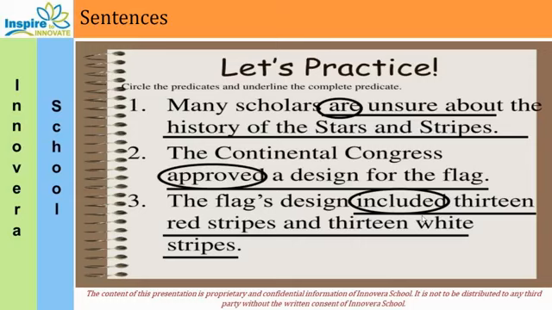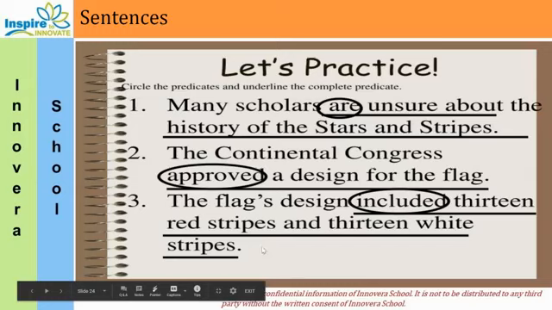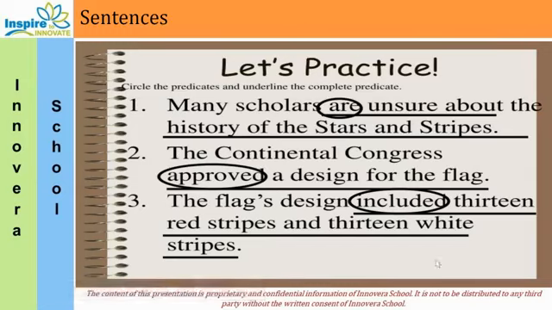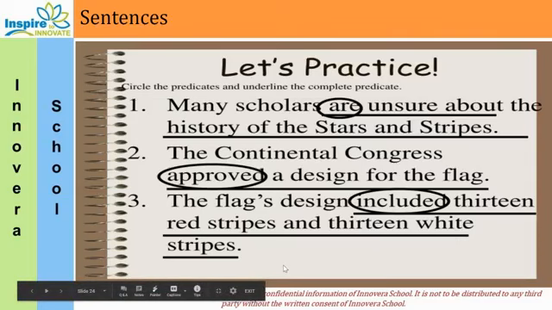Okay, included is a verb, and then 13 red stripes and 13 white stripes. This is the complete predicate.